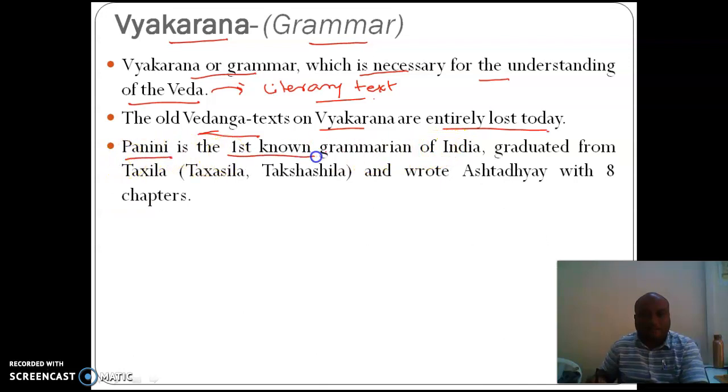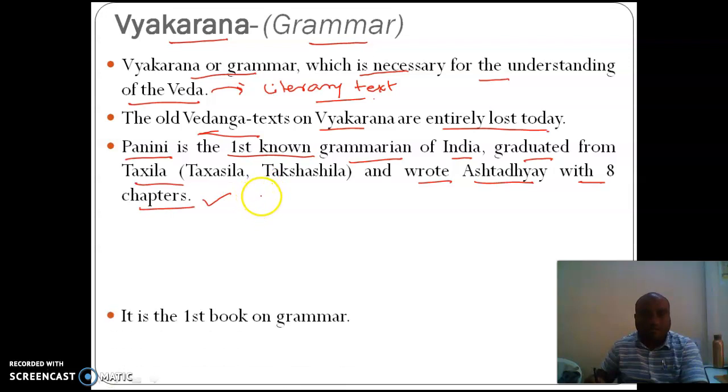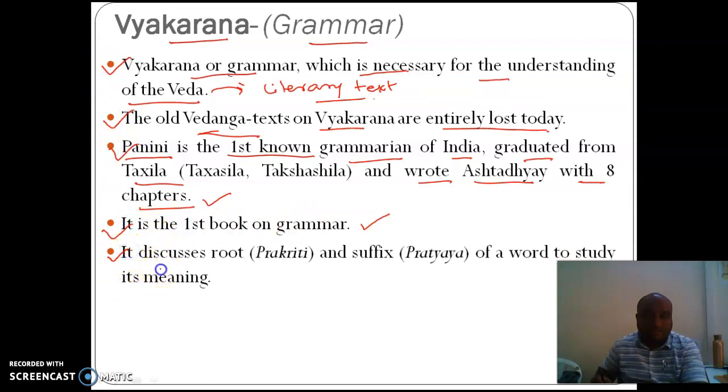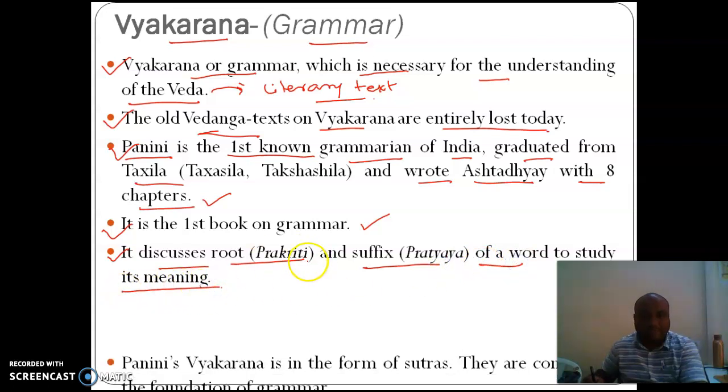Panini is the first known grammarian of India who graduated from Takshila and wrote Ashtadhyayi with 8 chapters related to the Vedic grammar, that is Vyakarana. It is the first book on grammar as far as Vedic literature is considered. It discusses root, that is Prakriti, and suffix, that is Pratyaya, of a word to study its meaning.